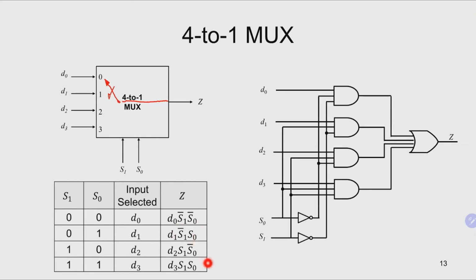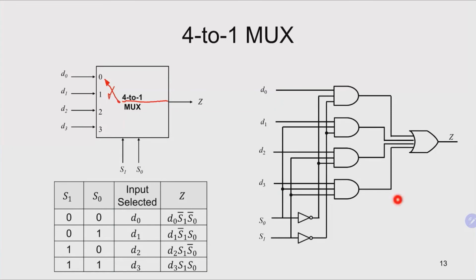If you go through all of these, we get my Z function, and we can write down a sum of products for Z, meaning that we OR these products together with the one at the bottom.